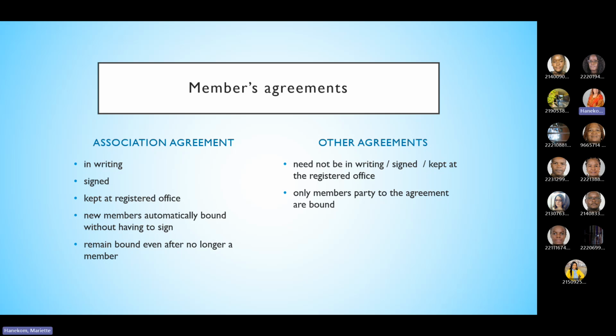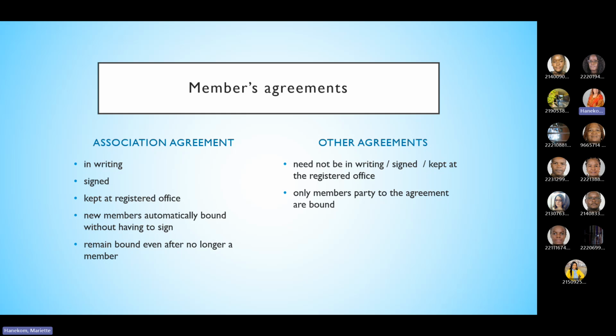Important thing about association agreements is that if there is an existing association agreement and a new member joins the corporation, they automatically become bound without having to physically sign it. They also remain bound even if they are no longer a member.